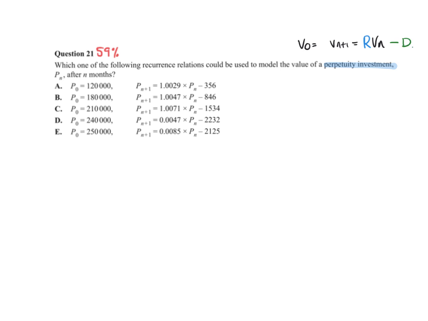If you think about this, the R value is found by going 1 plus the rate over PPY over 100. And when you have a perpetuity, this D value is actually the rate over the PPY over 100 times V0.